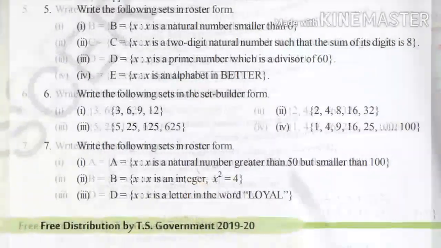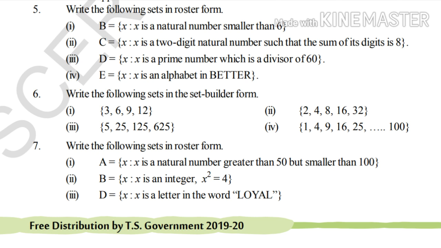Next, second problem. C is a set of all elements x such that x is a two-digit natural number such that the sum of its digits is 8. Once again I read.